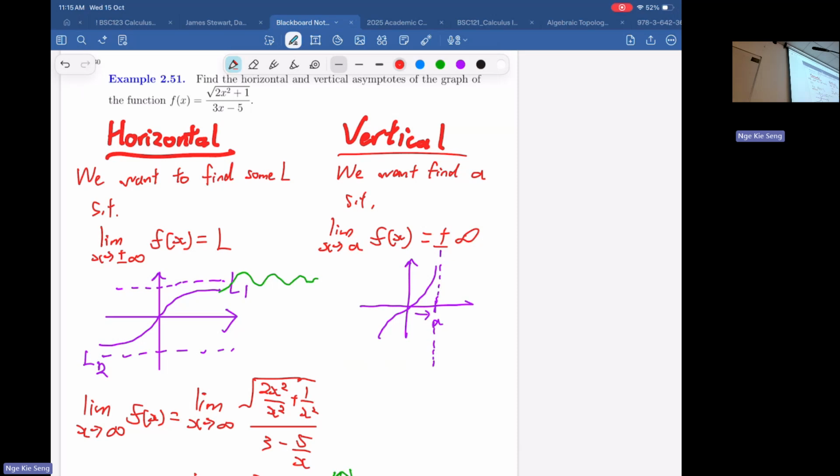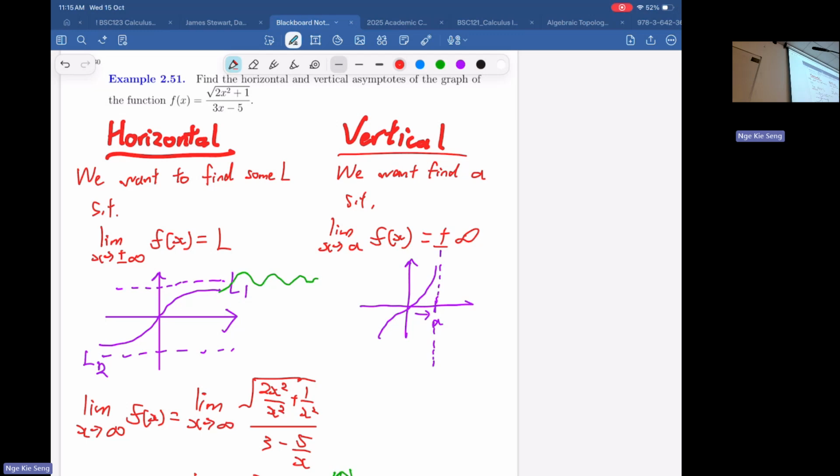We like to check when the function is not defined, right? When we say the function is not defined, what do we mean? You divide by 0. So near the 0 point, your quotient will get really large. Look at 3x minus 5.